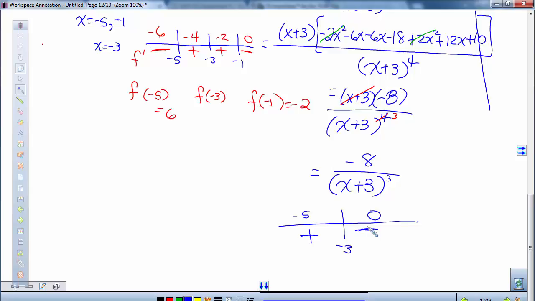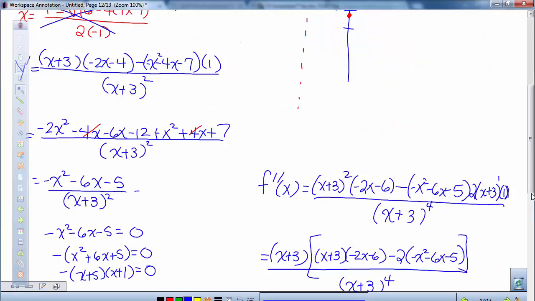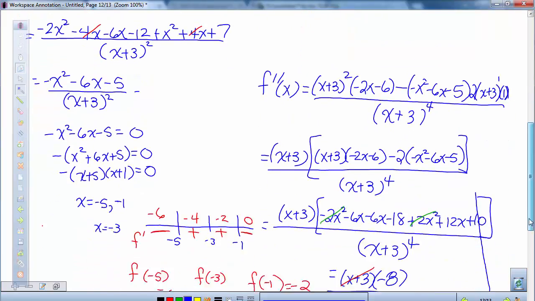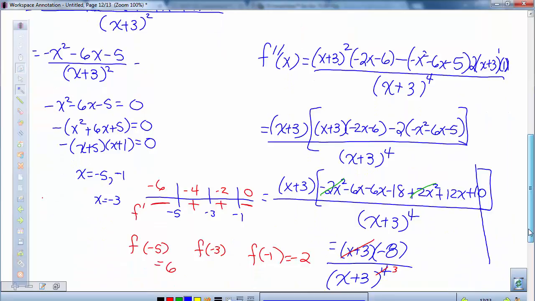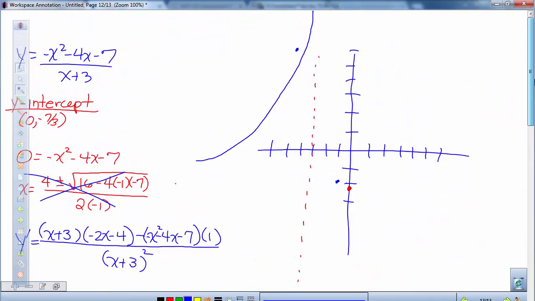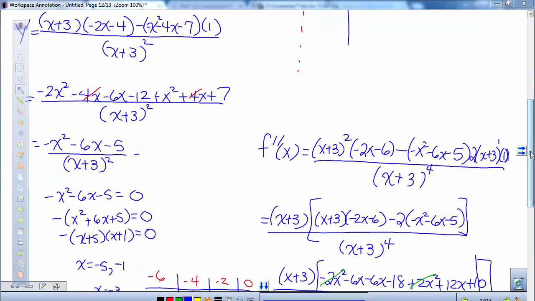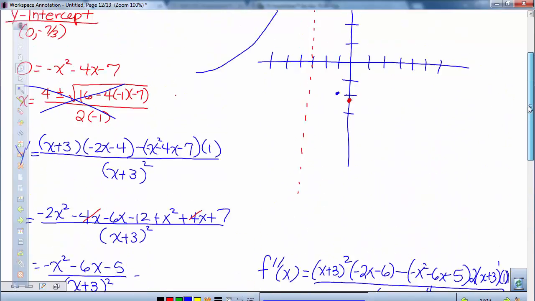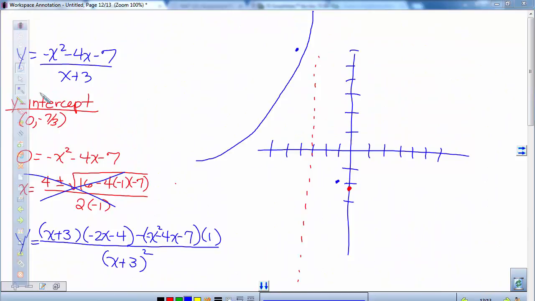All right? So let's see if we can make sense of that. It's concave up all the way over here. And we talked about where it was increasing. Also, we've got a slope of 0 at negative 5, negative 3, and negative 1. We never did plot those points, or did we? Okay, f of negative 5 is negative 6.